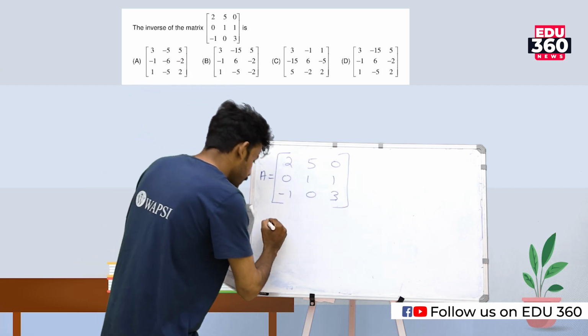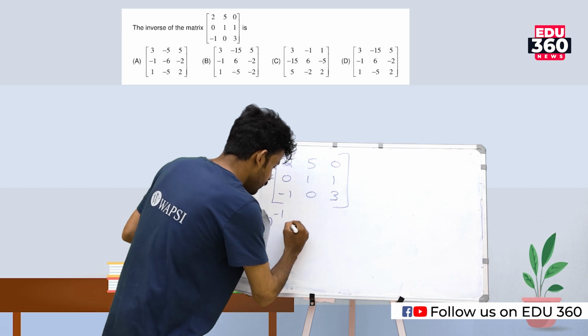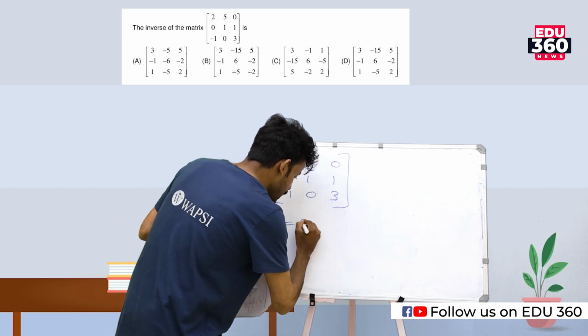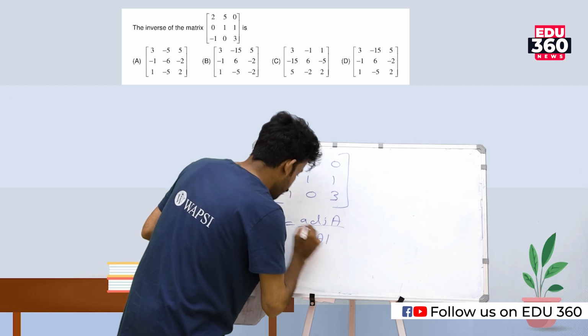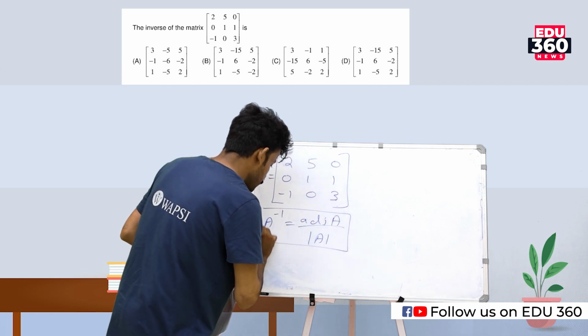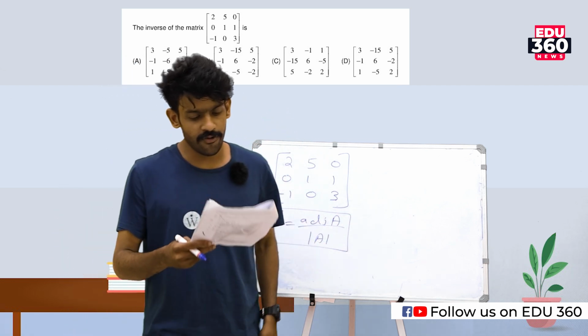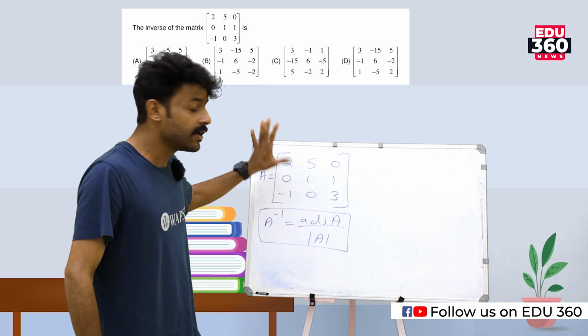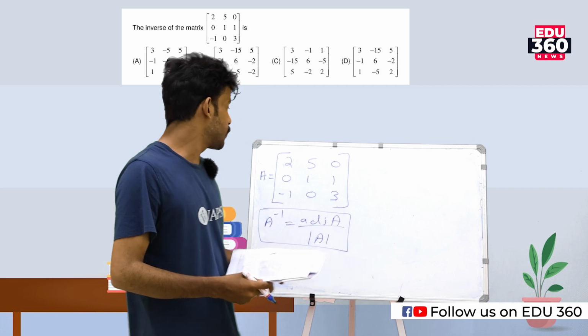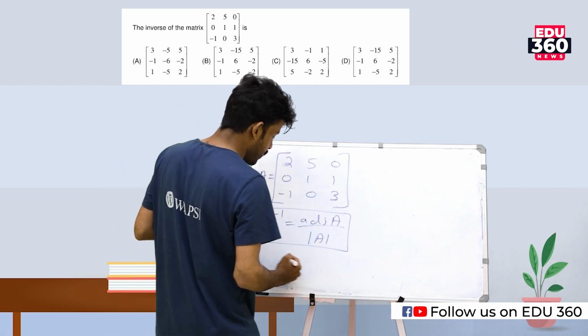So hereafter, we can write A inverse is equal to adjoint A divided by determinant of A. So this is the formula. First of all, we can find the determinant of the given matrix.